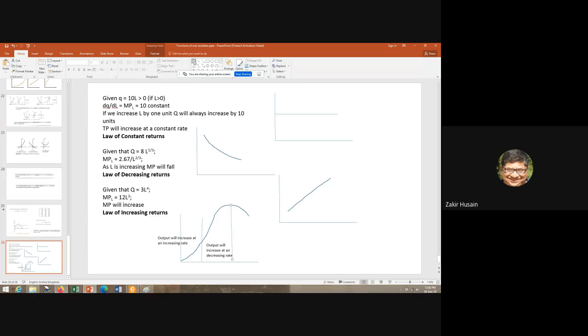Over here, as you increase labor, there will be a phase when total product finally stops rising, and we have a portion when the total output is going to fall.